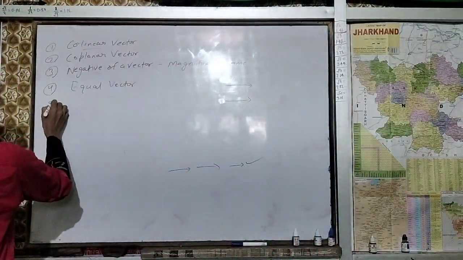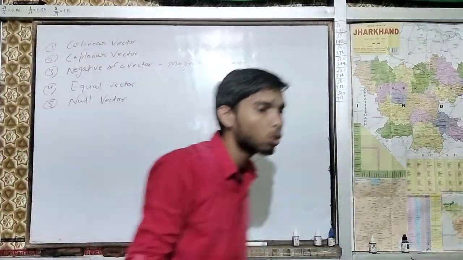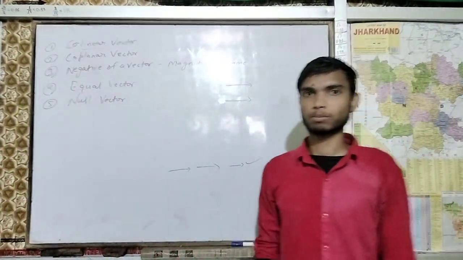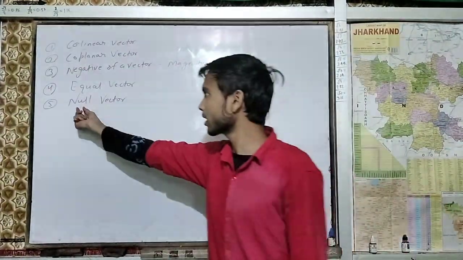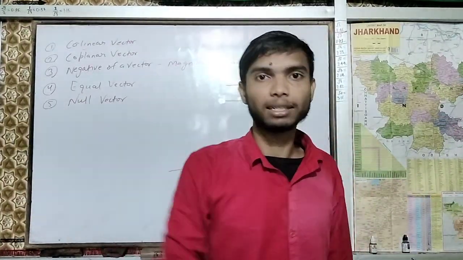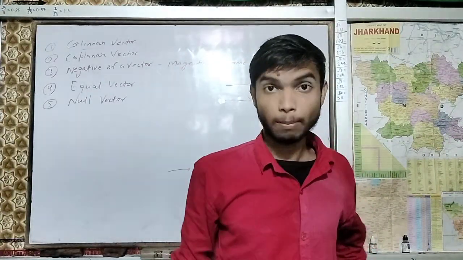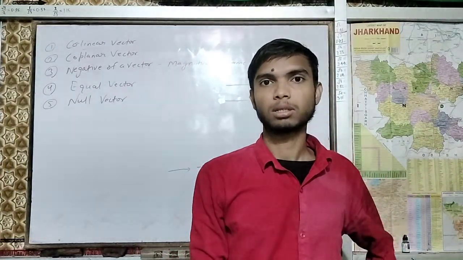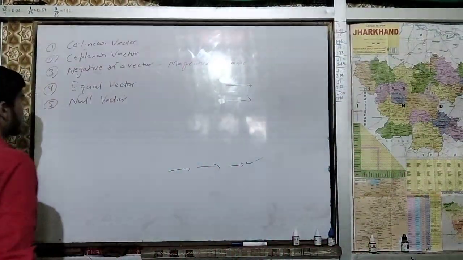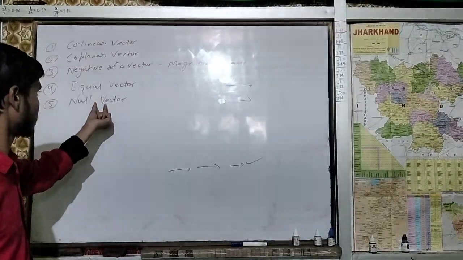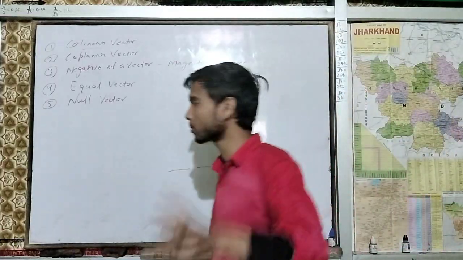Now next, null vector. It is also called a zero vector, which means its magnitude is zero. From this word we are getting clarity: null means zero. Magnitude is zero, and there is no direction. Sometimes you will need this null vector in some questions.